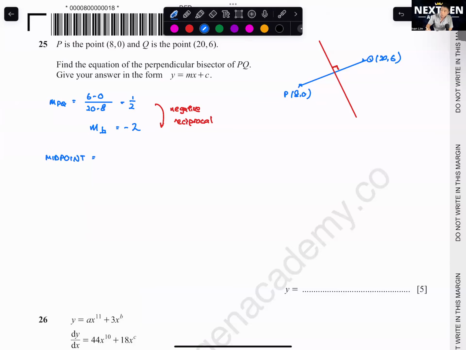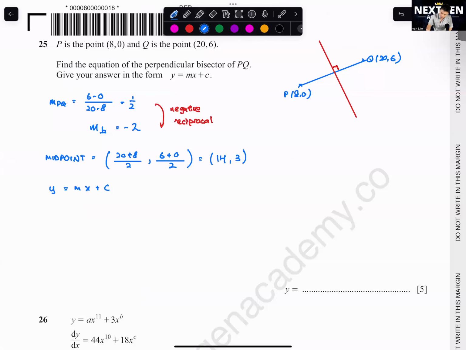Then we find what is the midpoint. Midpoint will be 20 plus 8 over 2, 6 plus 0 over 2. This will be (14, 3). Now, we find what is the c value. We have y equals mx plus c.